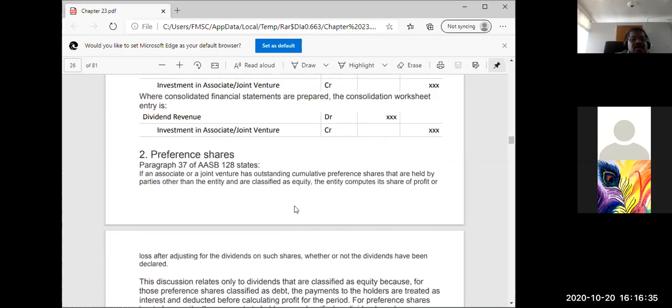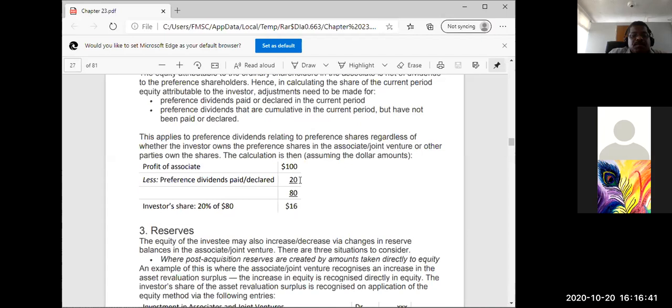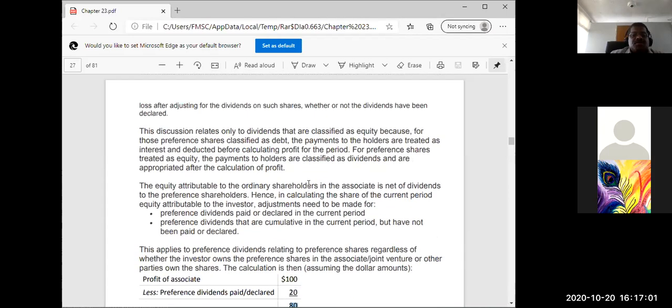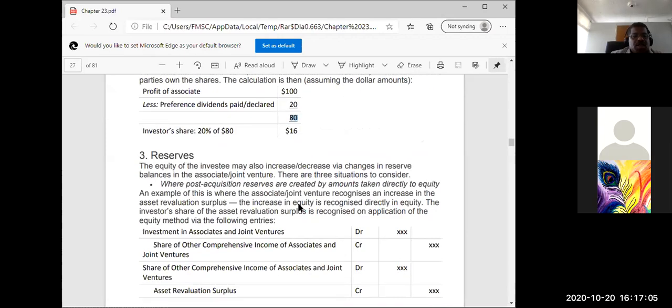Now, when you have preference shares, in the share of profit calculation you have to deduct the dividend for the preference shares. So based on this, you calculate your profit share. Remember, when there is a preference share dividend, you have to deduct it from the profit of the associate.